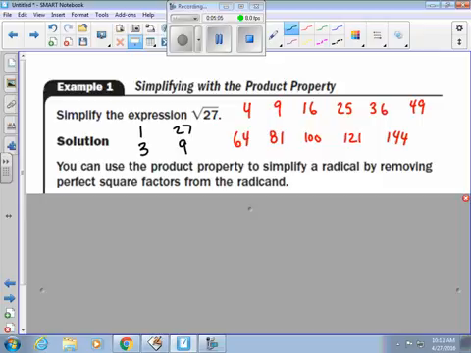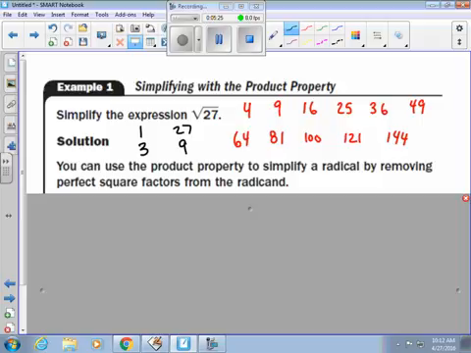That's right by it as well. 7 doesn't go into it. 8 doesn't go into it. And we're back to 9. So there's only 2 pairs. What you have to focus on, though, is these numbers that I have written in red right here, these perfect factors. Which one of those perfect factors is a factor of 27?